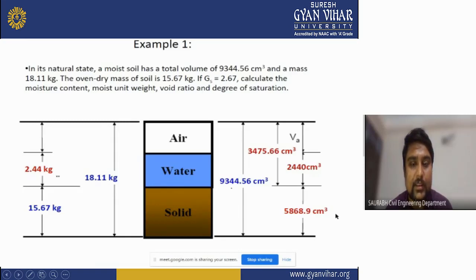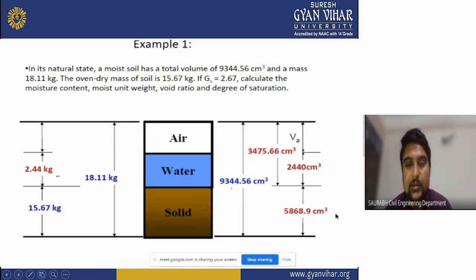Now we will see the total volume, which is 9,344.56 cm³. The total volume of solid is 5,868.9 cm³.